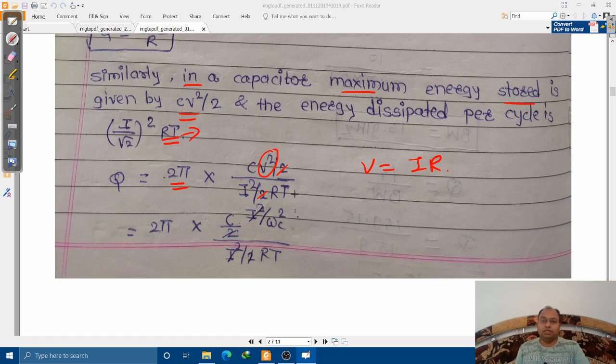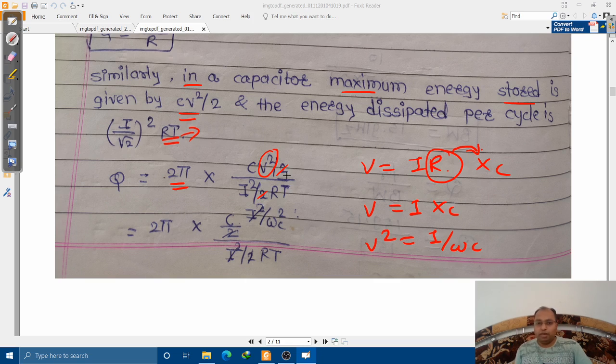We are finding the voltage across the capacitor, and the resistance offered by the capacitor is XC, so V equals I into XC. And what is XC? XC is 1 upon omega C.